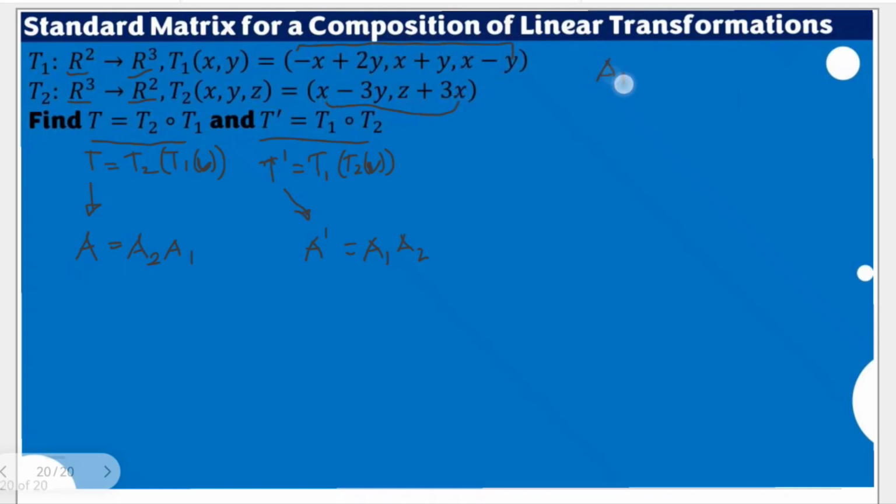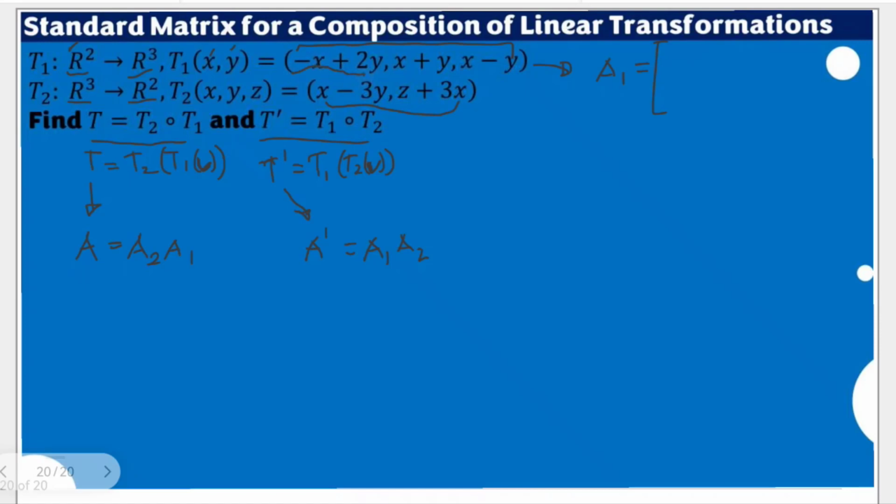For A sub 1, we're going to take it from the linear transformation T sub 1. This would be in a matrix form, where take note that this should be an element of domain, so R2. In short, there should be two columns here, and the two columns are indicated by the values of x and y. So the first column would be for the x, the second column for the y. And where do we get that?